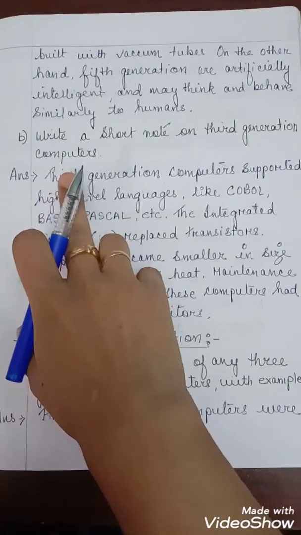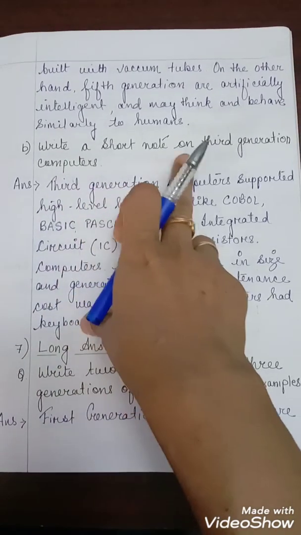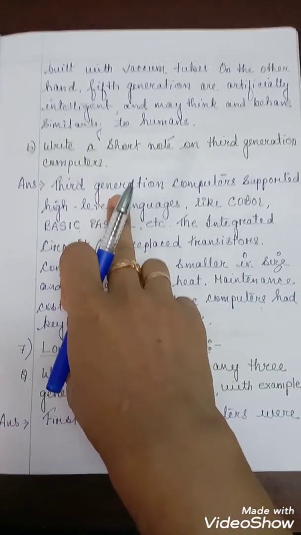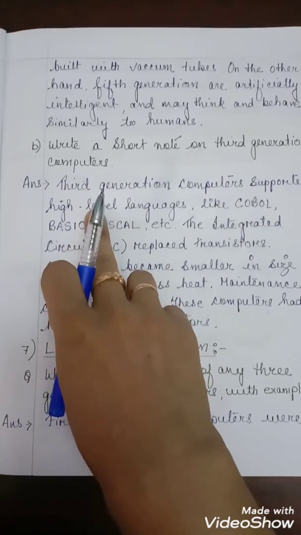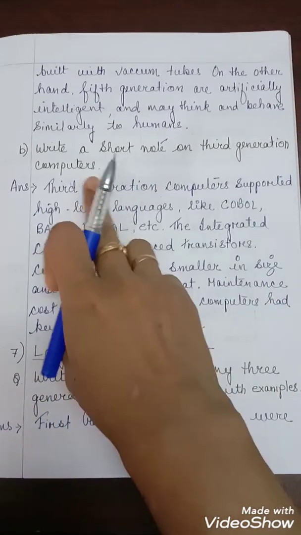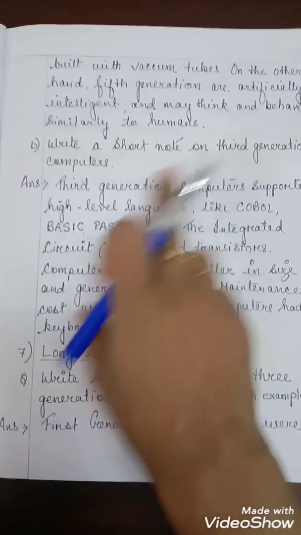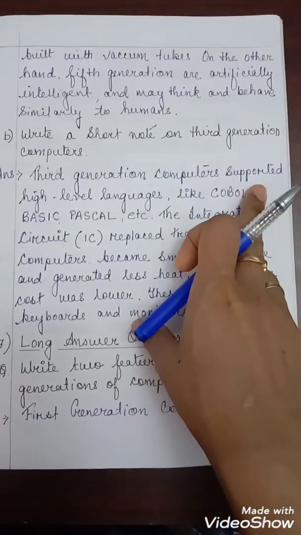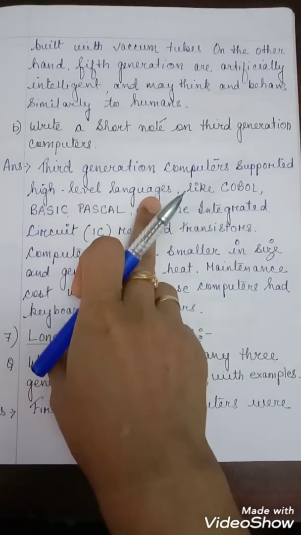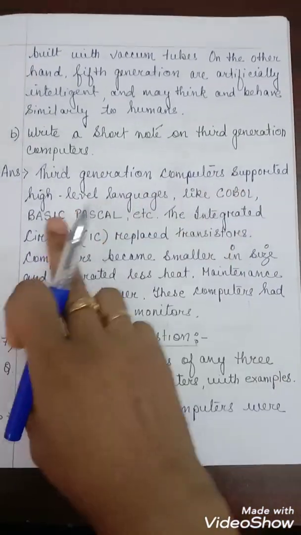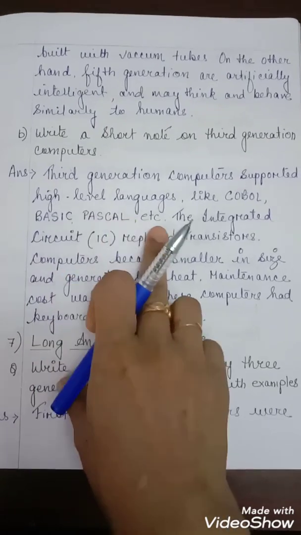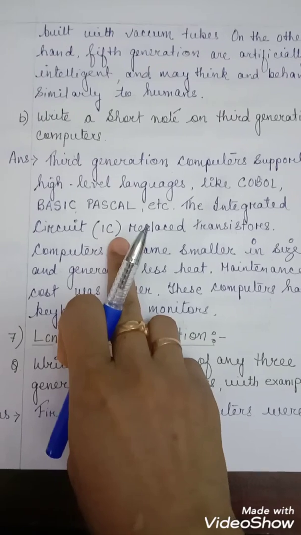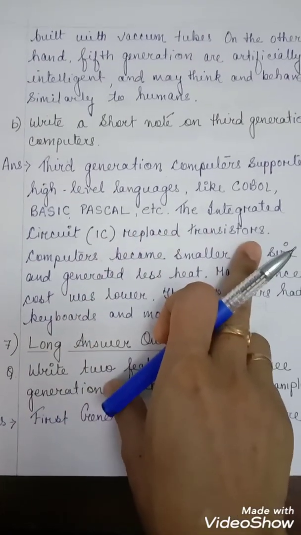Number B, write a short note on third generation computers. What you have to do here? Here you have to write a short note on which generation computers? Third generation computers. So answer: third generation computers supported high-level languages like COBOL, BASIC, Pascal, etc. The integrated circuit, IC, replaced transistors.